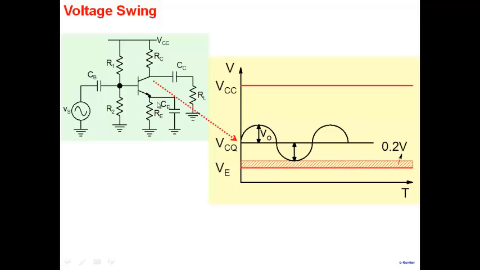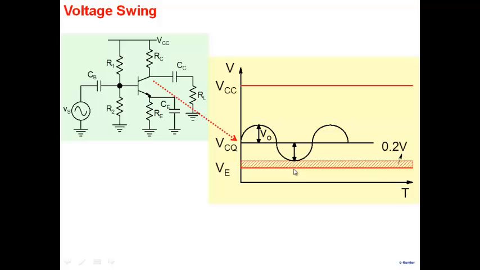Note that VE is a DC voltage, and because there is a capacitor connected to the ground, for AC this is a short, so no AC voltage will develop across this point. So this voltage is a constant and we can draw a line here, VE. It's a fixed voltage. That's another limit.